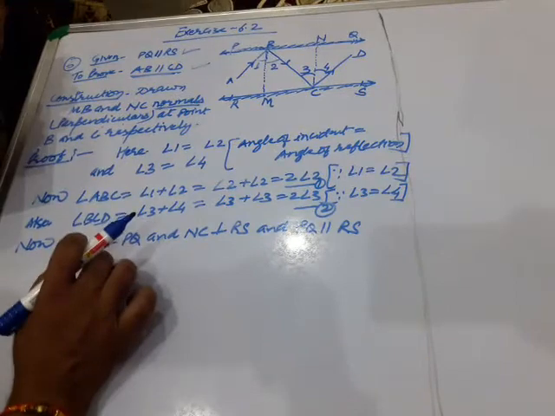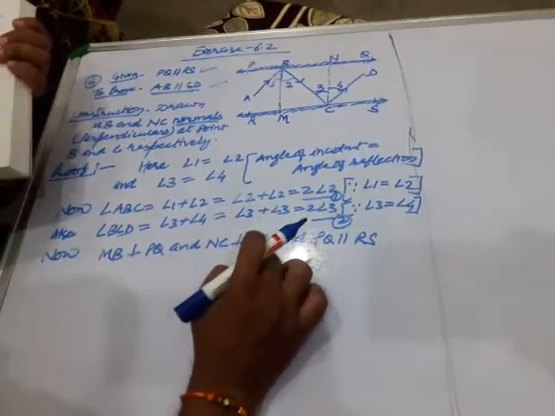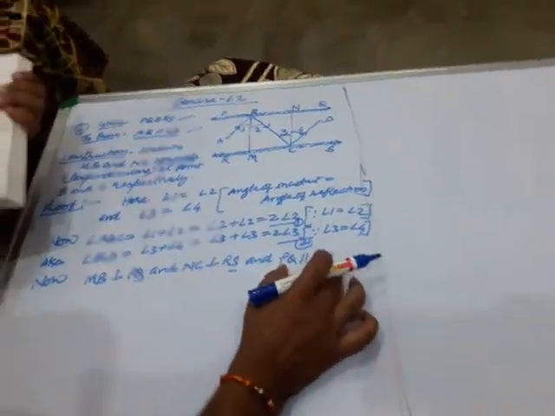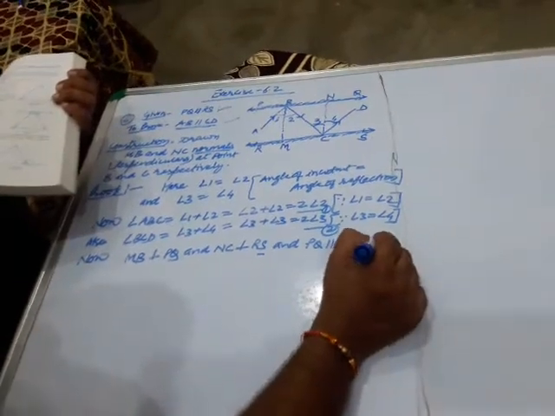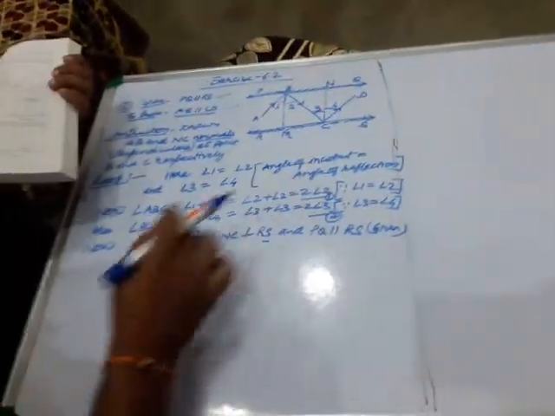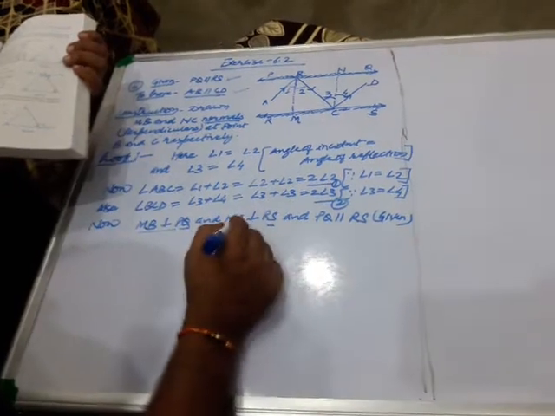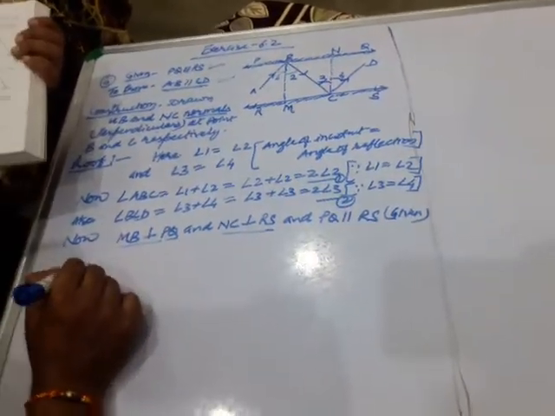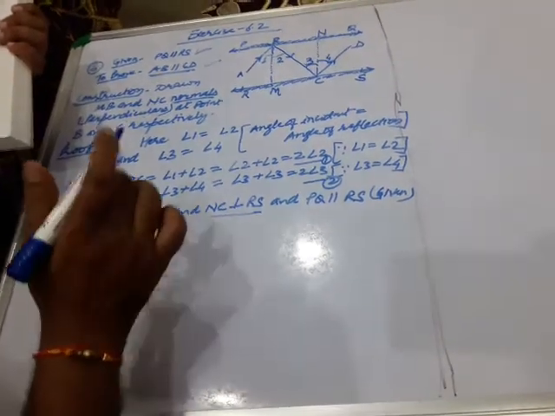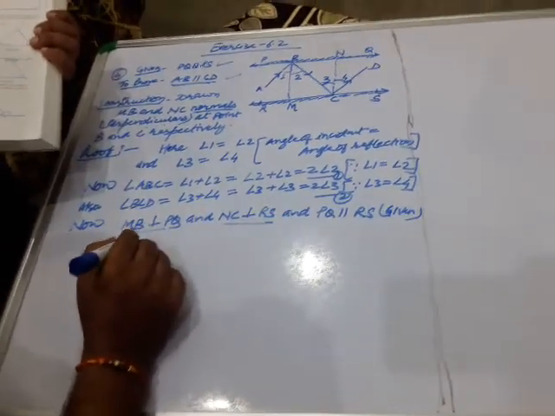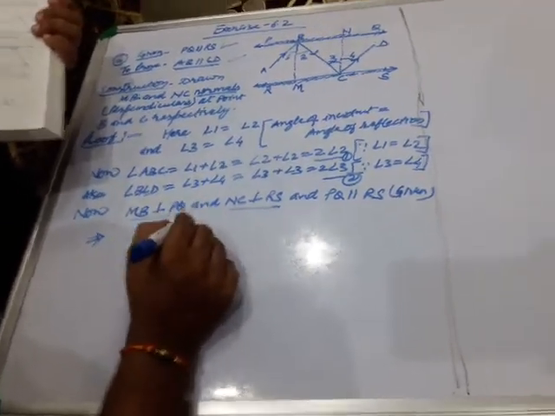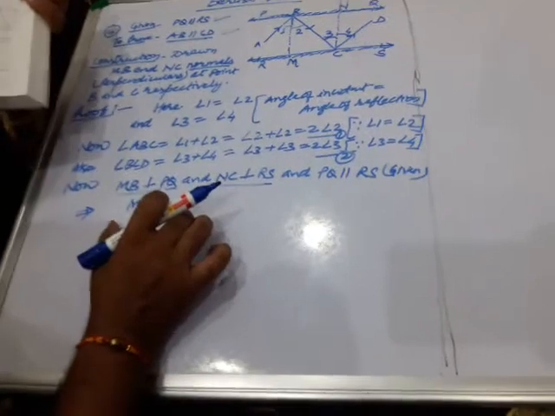Notice these three facts: MB is perpendicular to PQ, NC is perpendicular to RS, and PQ and RS are parallel to each other. That is given, and the other two are by construction. This implies that MB is parallel to NC.